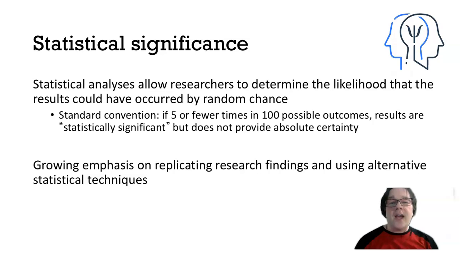So if 5 or fewer times in 100 possible outcomes, the results are quote unquote statistically significant, meaning that if there's less than a 5% chance my results would have happened just by chance alone, then we're going to go ahead and say my results are statistically significant.